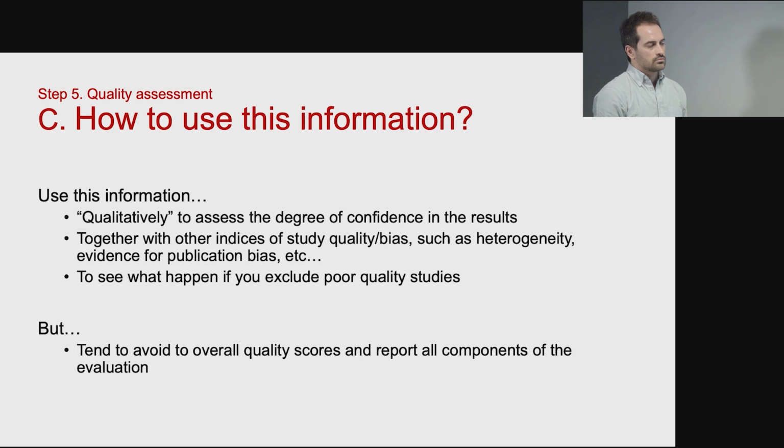And of course, never use this information in an isolated way. You have to weigh it and use it together with indices like, for example, heterogeneity and evidence for publication bias. We're going to see that later.